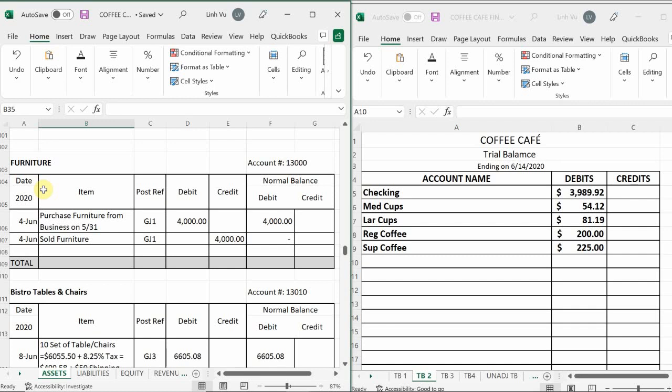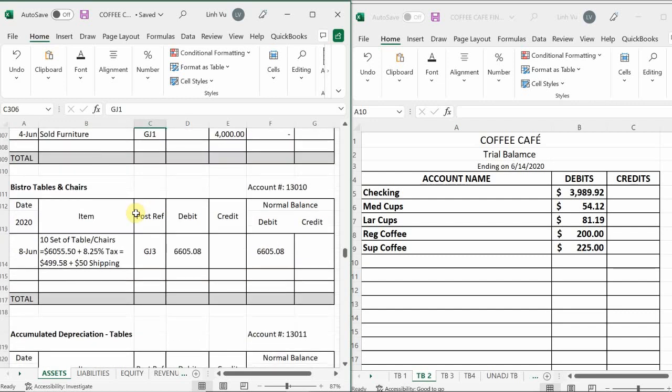Oh, zero. It's zero because we sold that furniture, right? So right now, I have a zero balance in my furniture account. Is that something I need to put in my trial balance? No, because it will not affect my debit or credit in any kind of way because it's zero balance.